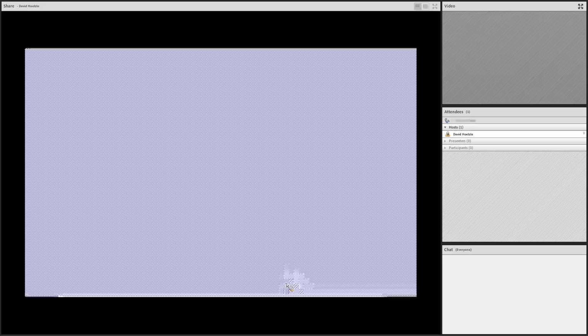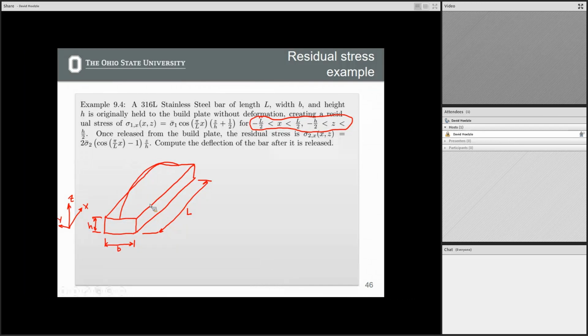All right. In the z direction, what we're saying, if I were to cut at this cross section, say in the middle, and now I look at it from this direction, what I'm saying is that we have tensile residual stress, and it has this shape.